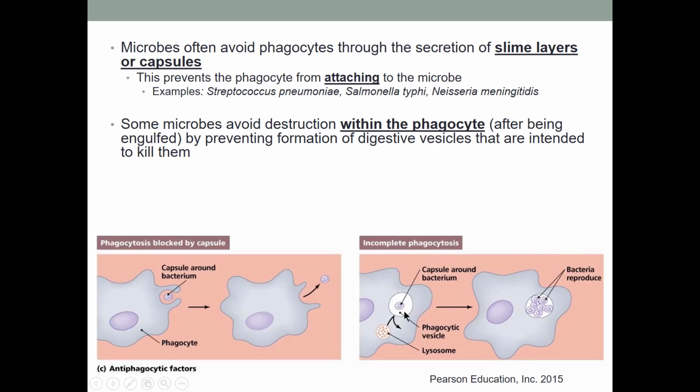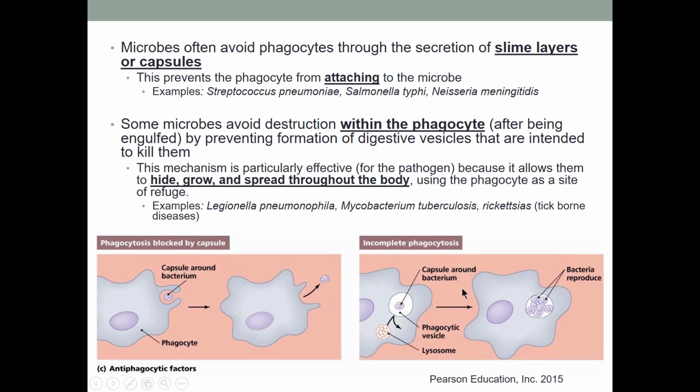That digestion process is actually circumvented, such that the microbe is engulfed but not destroyed. It's almost like they can survive inside the stomach of the phagocyte. And this ultimately is even worse because if the microbe gets away from this phagocyte, there are other immune factors that can come and clear it up later. So this is a first defense, but it's not the only defense.